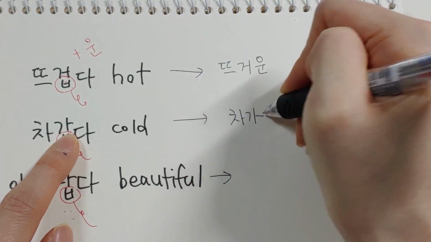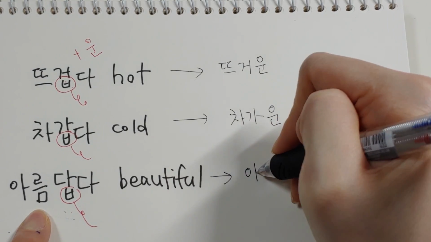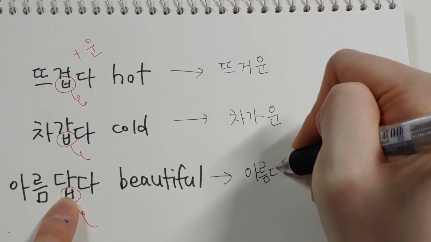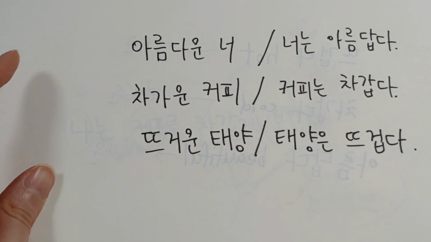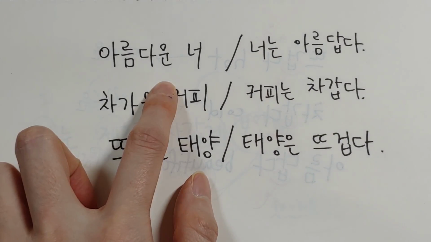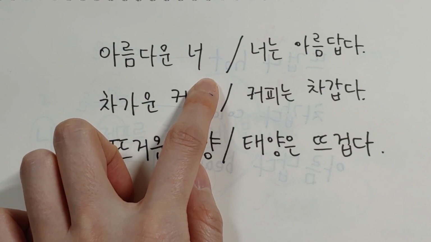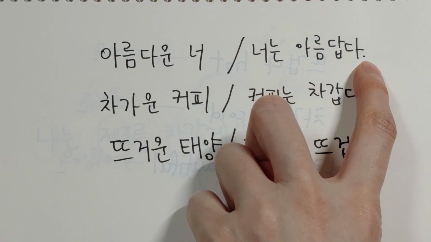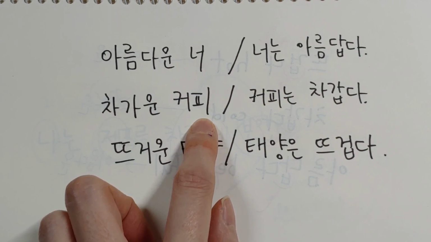차가운. 아름다운. So beautiful. So 아름다운 너. Beautiful you. 너는 아름답다. You are beautiful. 차가운 커피.